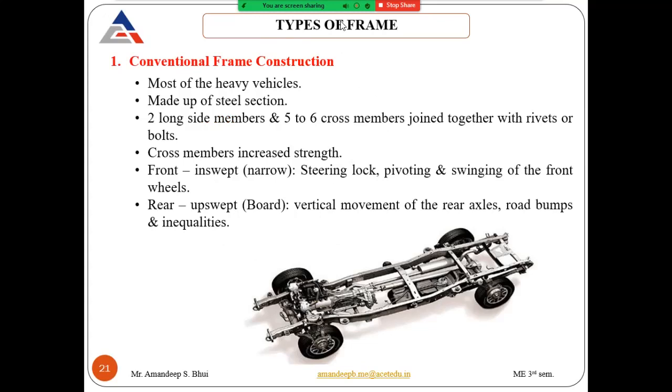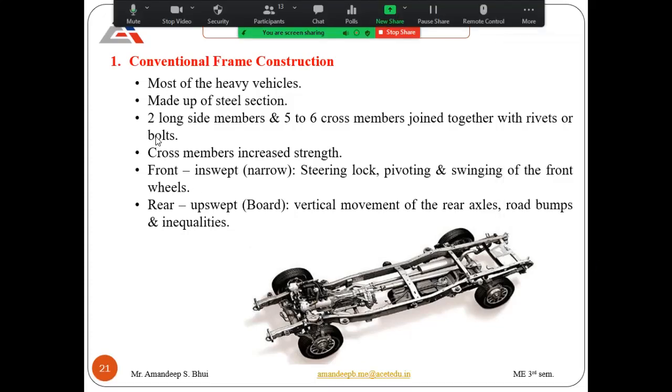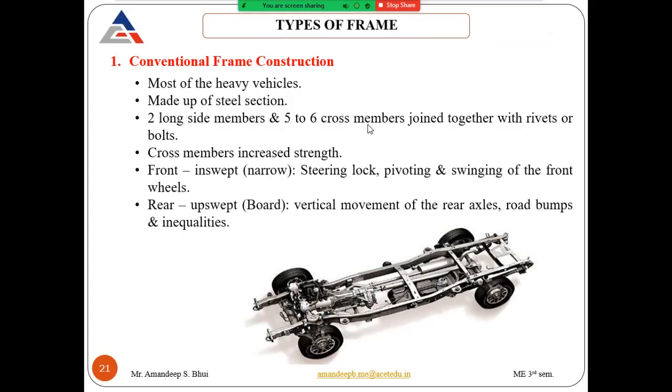So types of frame, if we look at, the first one is your conventional frame. In the bottom you can see the conventional frame. Most of the heavy vehicles are built using this conventional frame. It is made up of steel sections, 2 long side members, 5 to 6 cross members joined together with rivets and bolts.